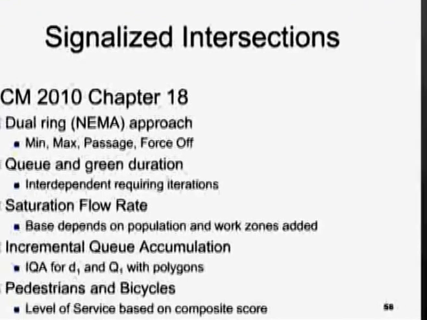Below 250,000, 1750 is suggested, but I'm going to tell you really ought to calibrate this. Work zone adjustment saturation flow was actually added in the 2010 manual. The D1 equation was changed a little bit to overcome the assumption that arrivals and departures were constant. They're not. And so D1 now recognizes that, and it's a little better estimate than it used to be.